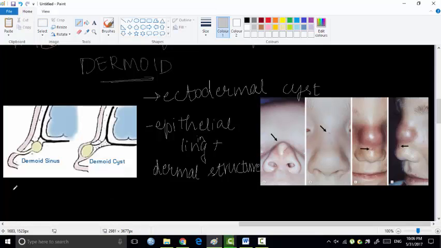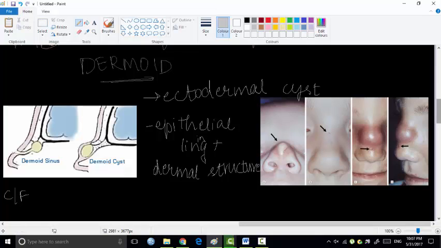So here, what are the clinical features? You see this is a dermoid cyst, right? And this dermoid cyst mostly will have an opening to outside like this. This is called a punctum. If you see, you have here an opening to outside, here an opening to outside, here an opening to outside.